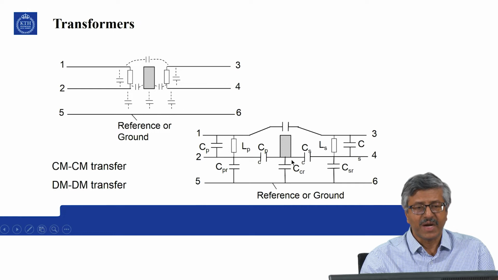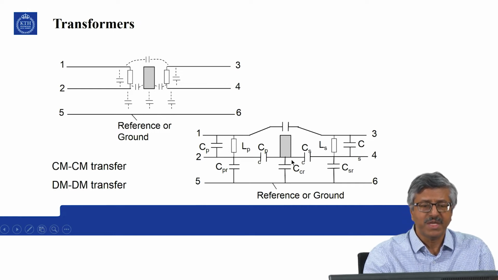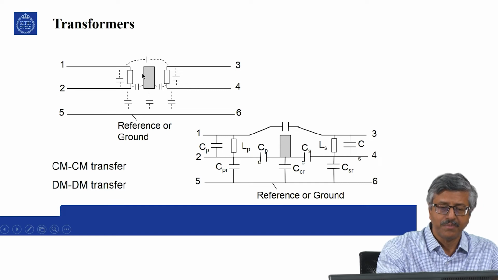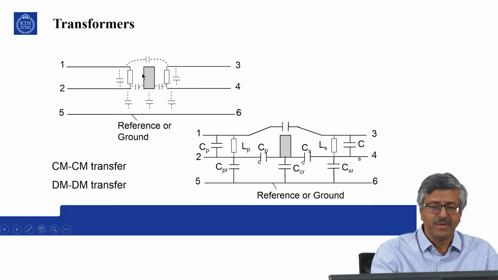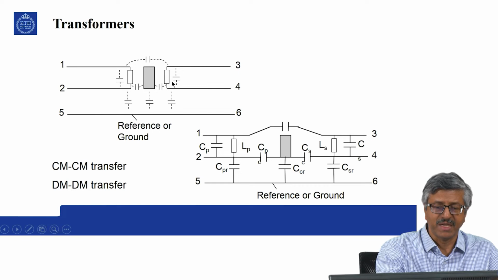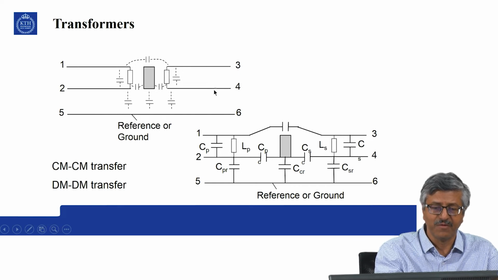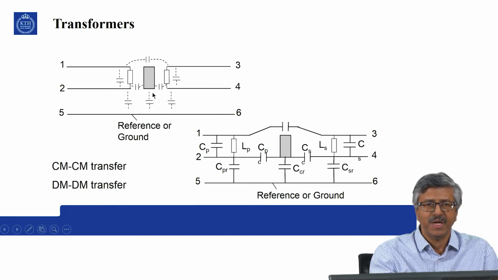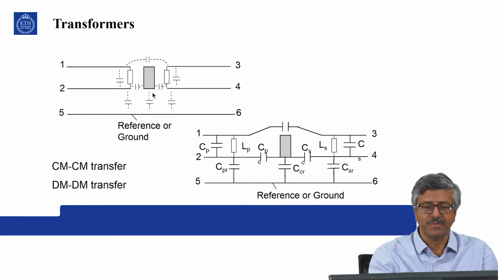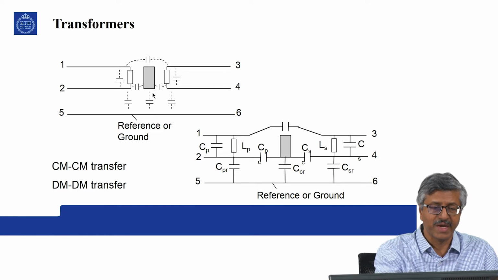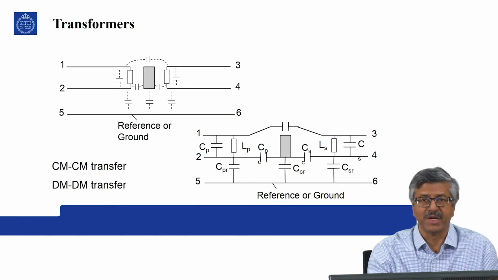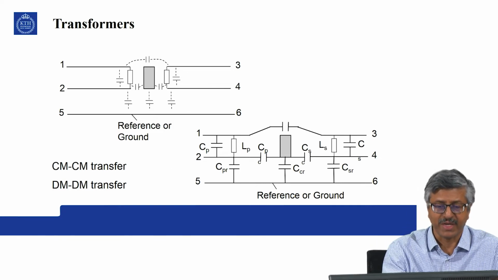Now, transformers. Transformers have an iron core, and you can have a primary winding and a secondary winding, and normally they are 4 terminal devices, but for the purpose of noise transfer you can consider it a 6 terminal device, because you have a reference or a ground.